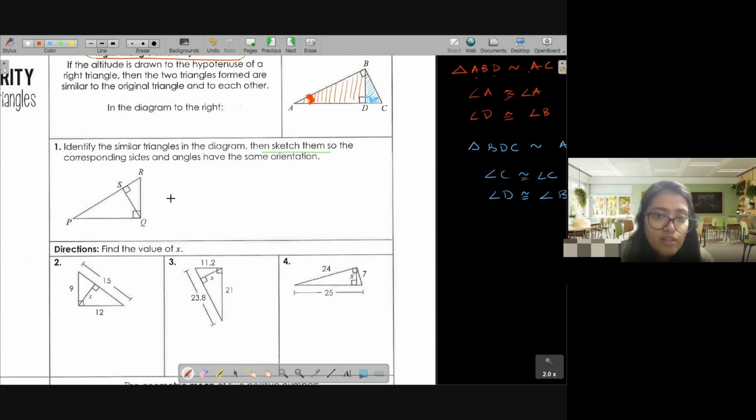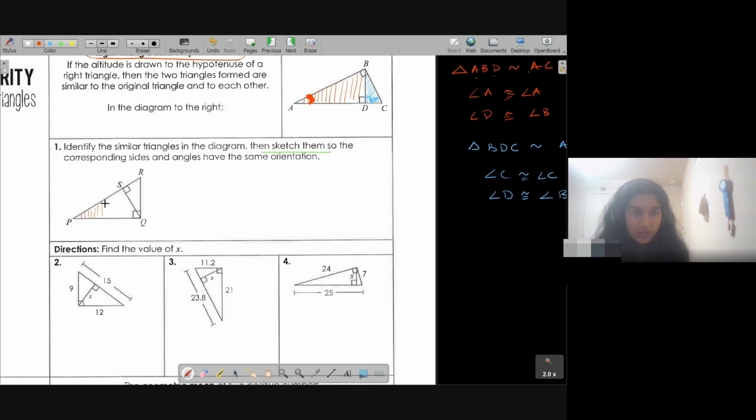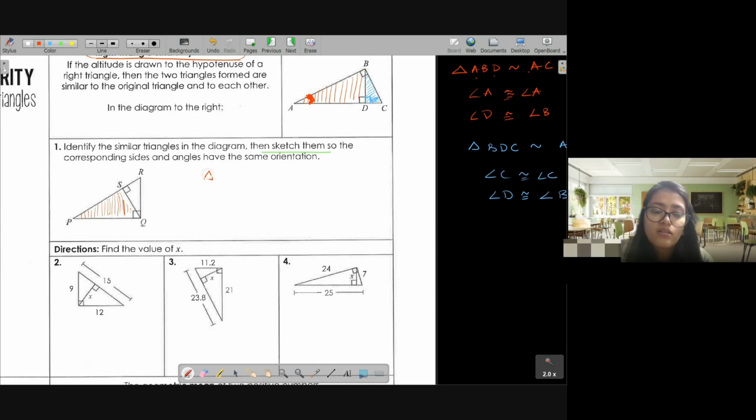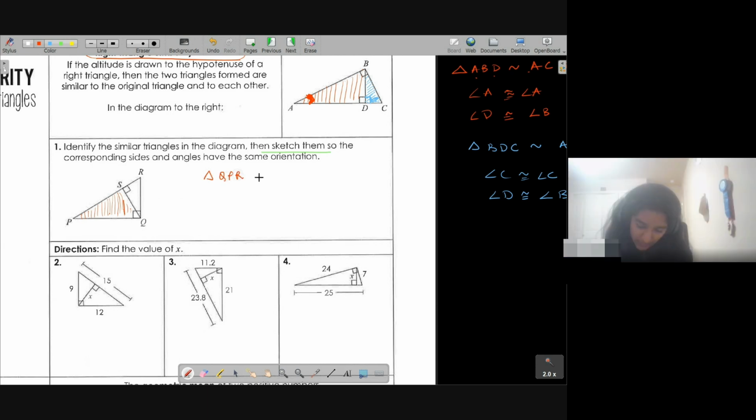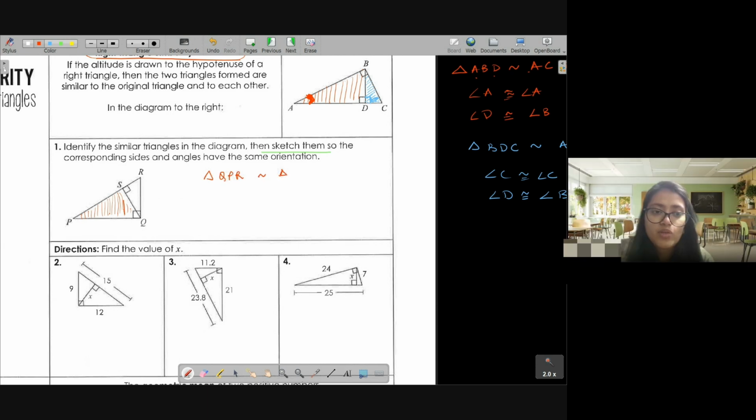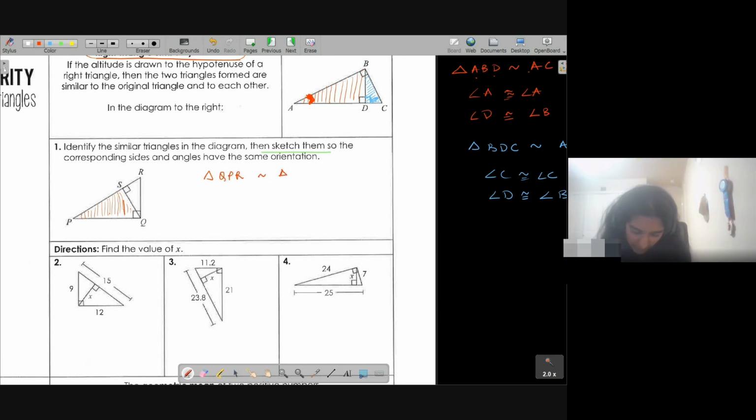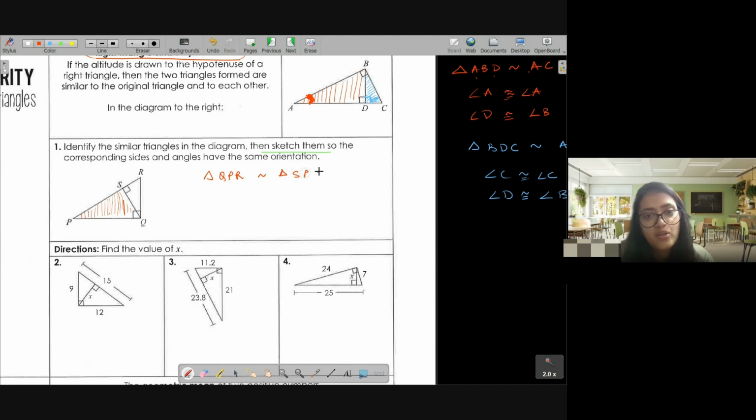We can take the big triangle QPR, and that will be similar to SPQ, because in QPR, Q is right, and in SPQ, S is right, and P is reflexive.